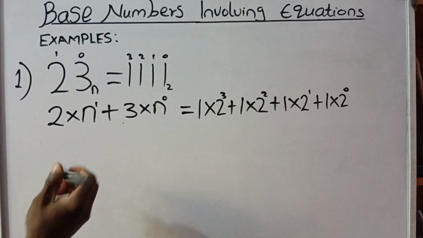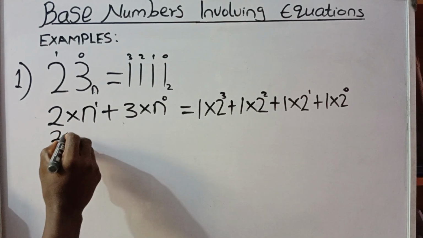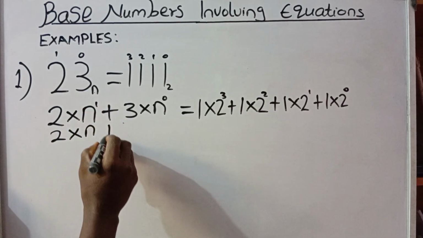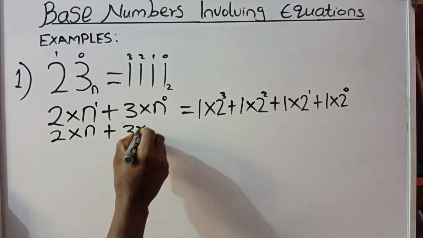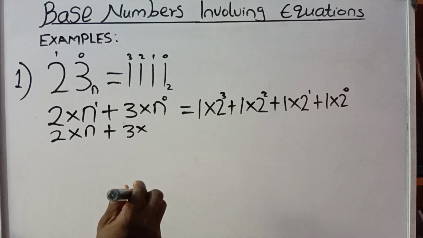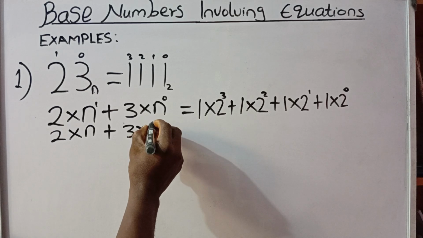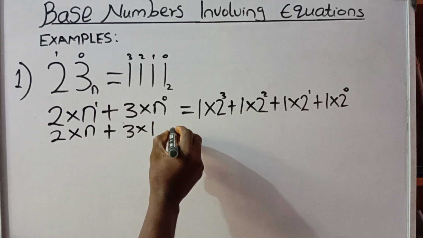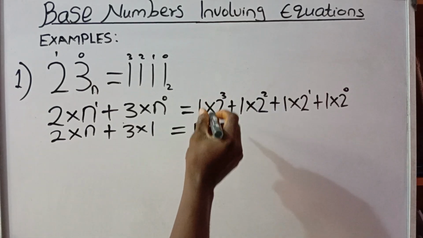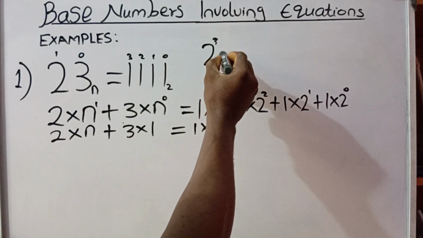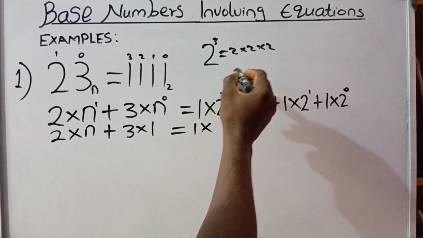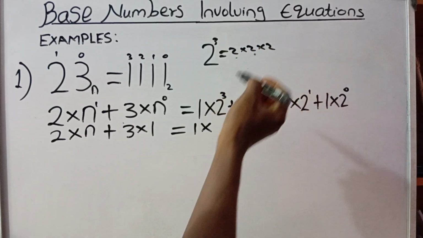So to go further, 2 multiplied by n raised to power 1 is 2n. 3 multiplied by n raised to power 0: any number or any alphabet raised to power 0 is always equal to 1. 1 multiplied by 2 raised to power 3 means 2 times 2 times 2, which is 8. 2 times 2 is 4, 4 times 2 is 8.